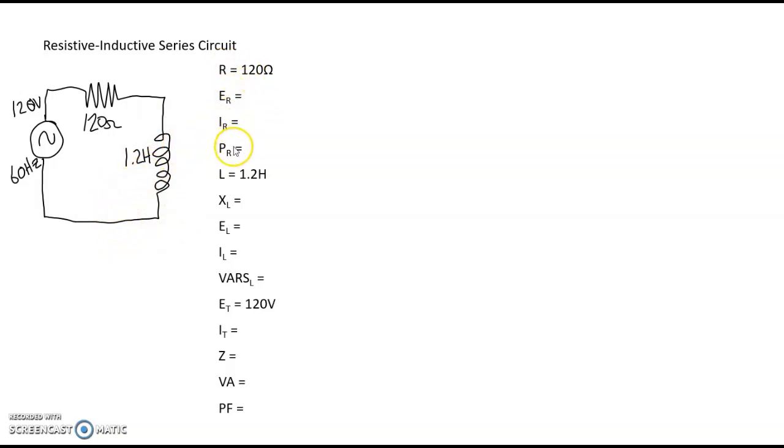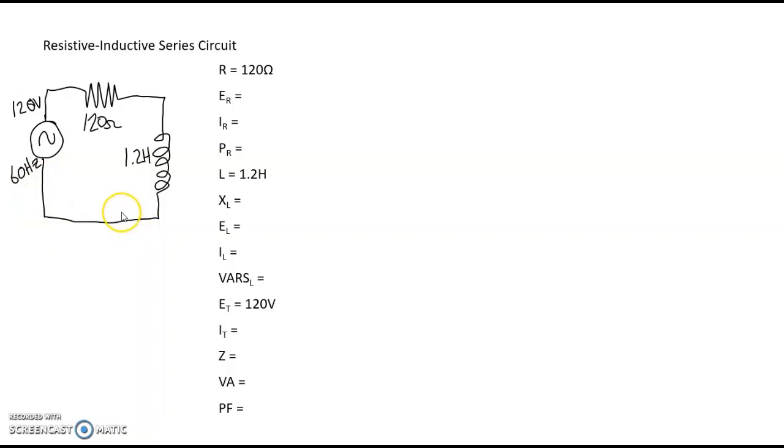We have lots of different values that we need to calculate. We are given the resistance, the inductance, and the total applied voltage. We're also given that the applied voltage is at 60 Hertz.